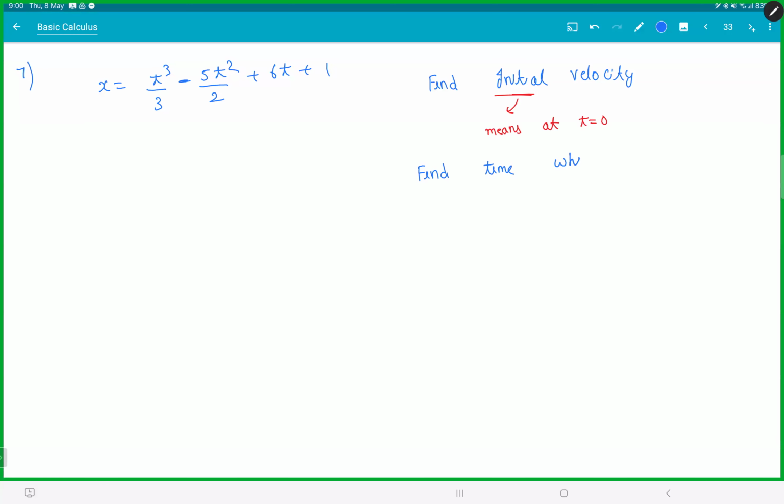Find time when v is 0. Find acceleration at t is equal to 2 seconds. Find distance traveled in 4 seconds.